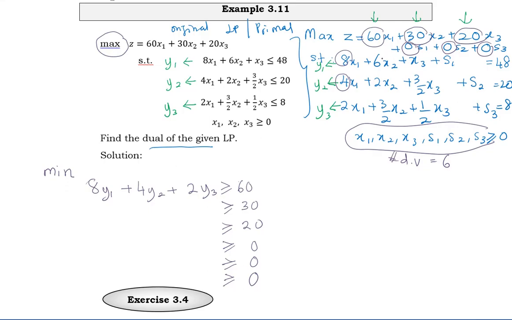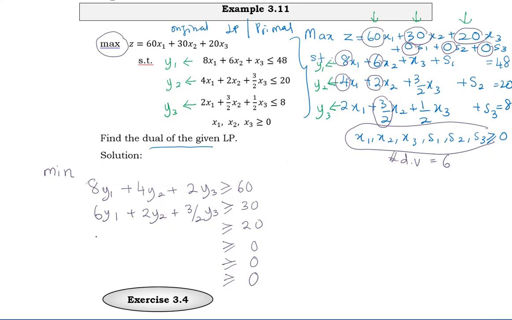So 6y1 plus 2y2 plus 3/2 y3. For the third constraint, it comes from the third column in the primal.